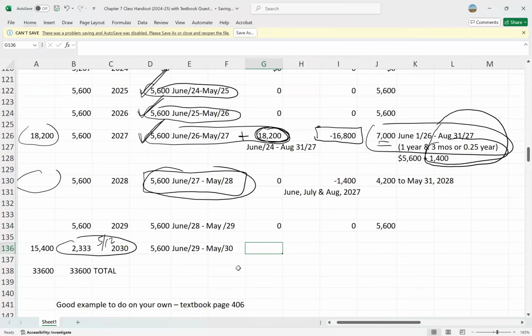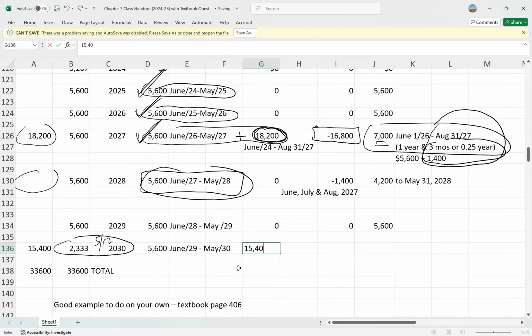And in this last year, we did get 15,400. But if you think about it, this amount here brings us to the maturity date. The 15,400 that we received is everything from September. Remember, the last payment we got brought us to August 31st, 2027.